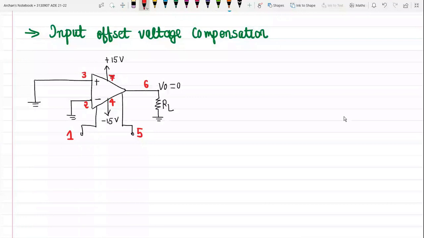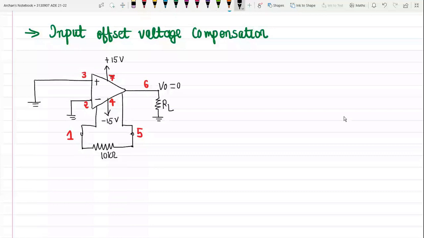The manufacturer recommends a 10 kilo ohm potentiometer that must be connected between pin number 1 and pin number 5. So let us connect a potentiometer of 10 kilo ohm. Then we will connect one wiper to the negative supply pin, which is nothing but pin number 4.